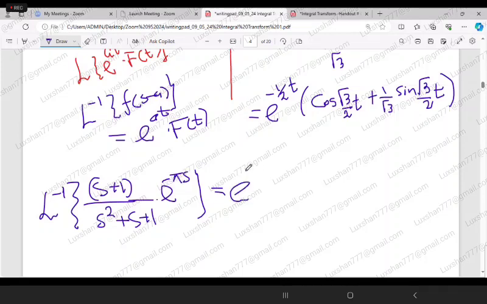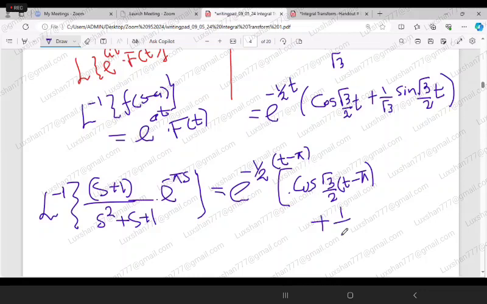Therefore, e to the power minus half t minus pi into cos root 3 by 2 into t minus pi, because you have to change all t as t minus pi, plus 1 over root 3 into sine root 3 by 2 into t minus pi.